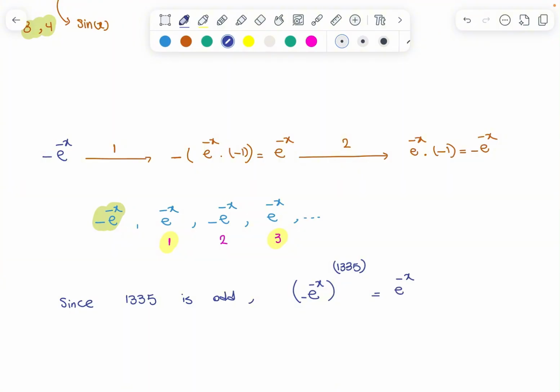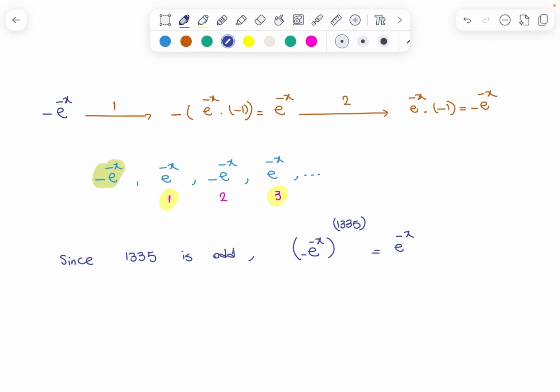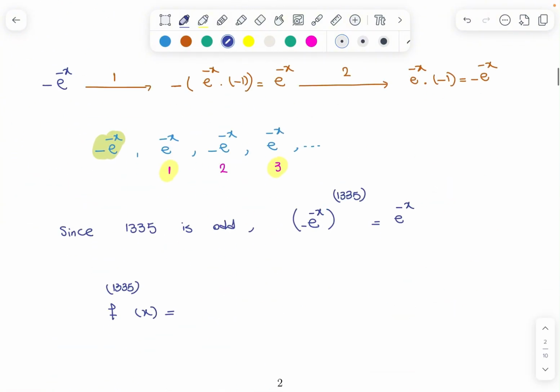Therefore, the answer for our problem, the 1335th derivative of f, would be negative cosine of x plus e to negative x.